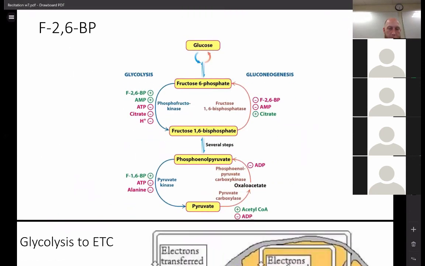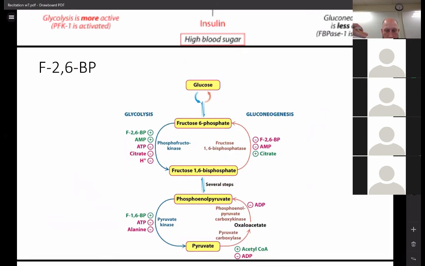So again, I just put this slide in again just to reemphasize that what fructose 2,6-bisphosphate is doing is just acting as an allosteric activator and allosteric inhibitor for this step within glycolysis. So we're using F26BP in order to regulate whether or not we are converting fructose 6-phosphate to fructose 1,6-bisphosphate.